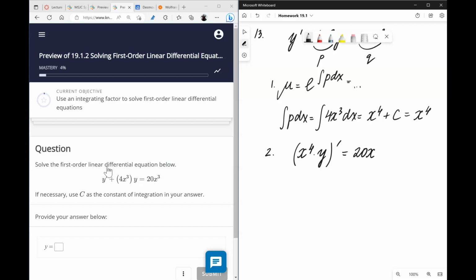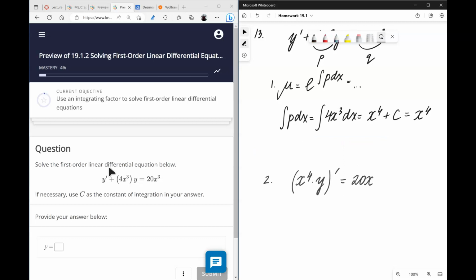I went a little too quick here. We forgot to find the integrating factor. The integrating factor is e to that power. So after you multiply both sides by the integrating factor, the left hand side becomes the derivative of integrating factor times y.